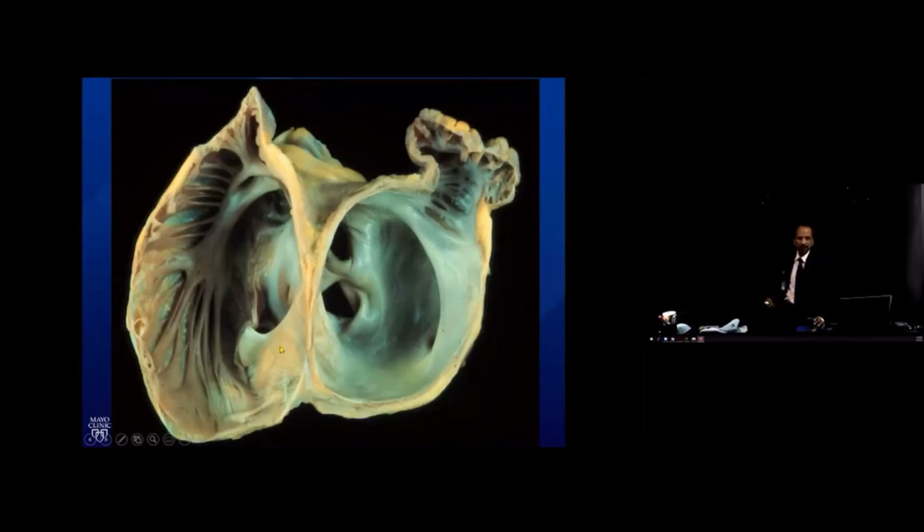And this is the anatomic basis of discrete inputs to the AV node. The AV node is on the septum, but not much else is. So any other way we get in there, we're going to have an input rather than just any atrial tissue getting to the AV node.